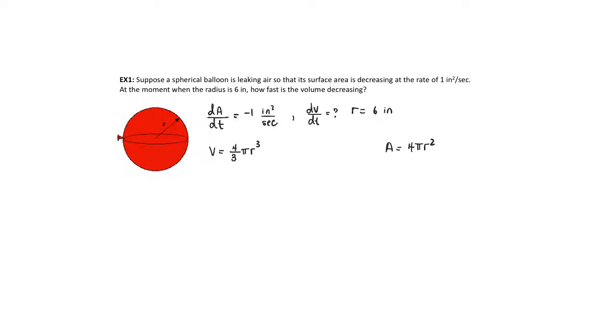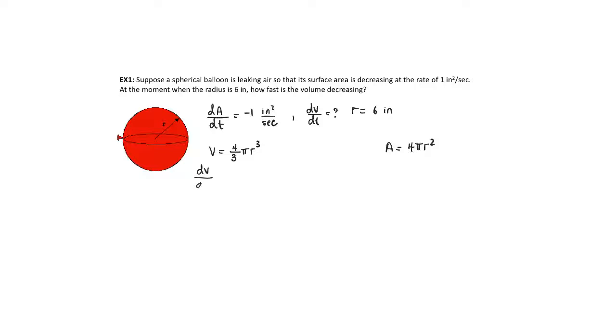So if I go back to volume, and I try to find the rate of change of volume with respect to time, so dV by dt, I am going to get that dV by dt is going to be somehow in terms of dr by dt. And I know that because, remember, the radius is changing with time. So I will be differentiating implicitly.